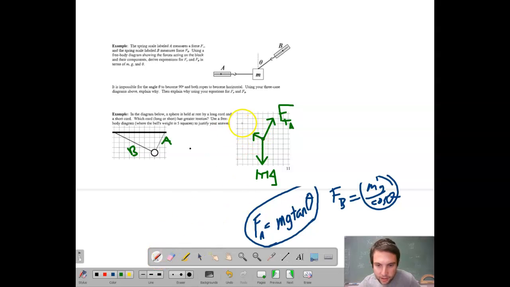Now you may be asking, how did you know to draw it like that? Well, remember, it goes up by 4 for this first rope because it's closer to exactly being vertical. And if it were exactly vertical, then the rope tension would just equal the weight, as long as it's not stretching or falling or shrinking or anything.